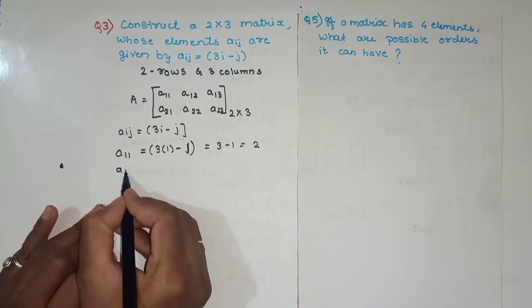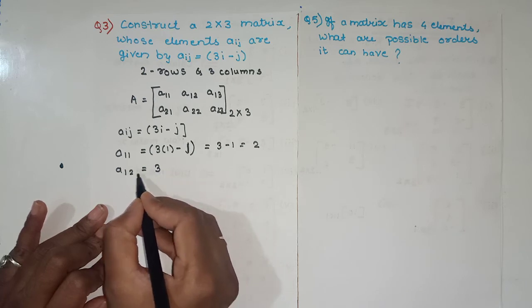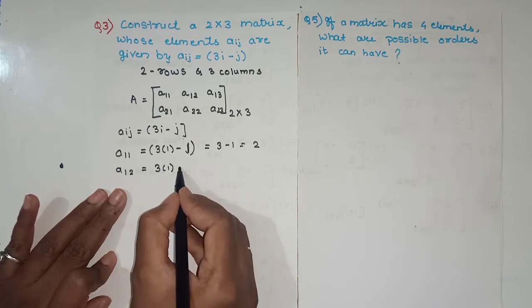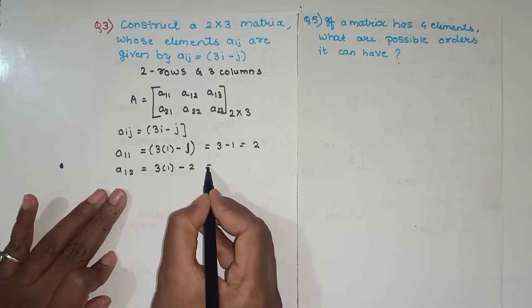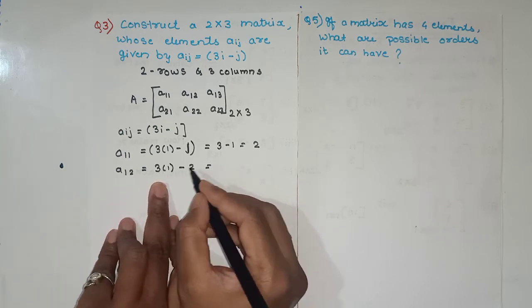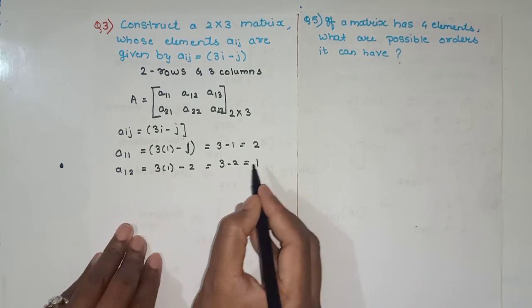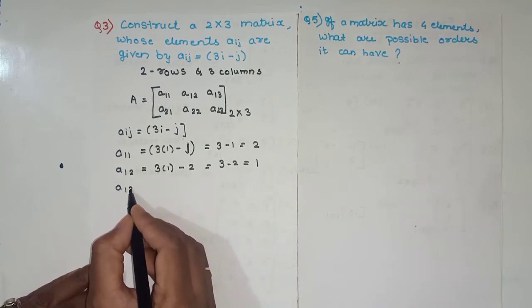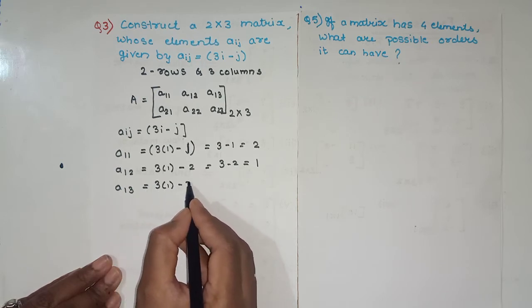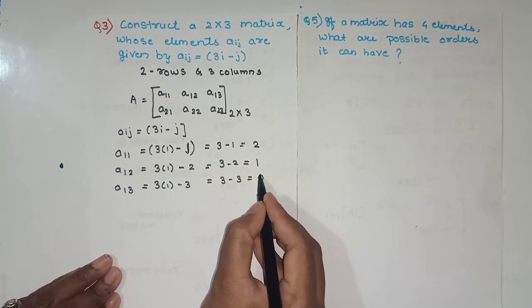Then the second element A12 equals, again 3 into 1 minus 2. 3 into 1 is 3, minus 2 is 1. A13 equals 3 minus 3, which is 0.